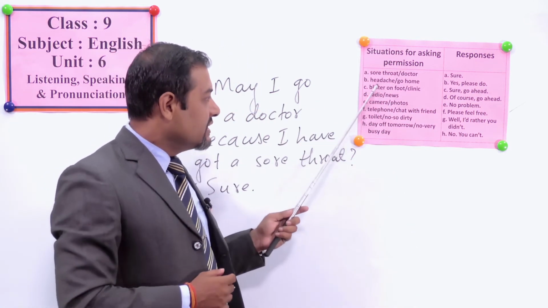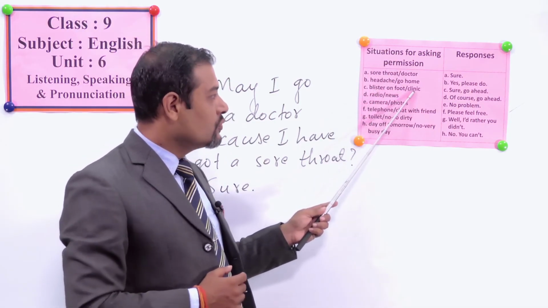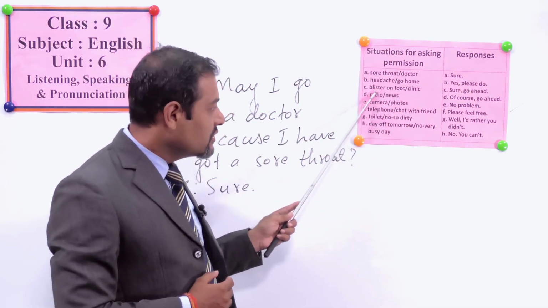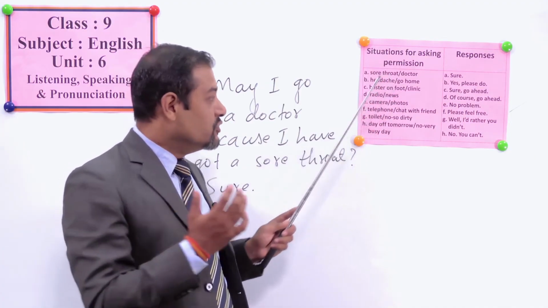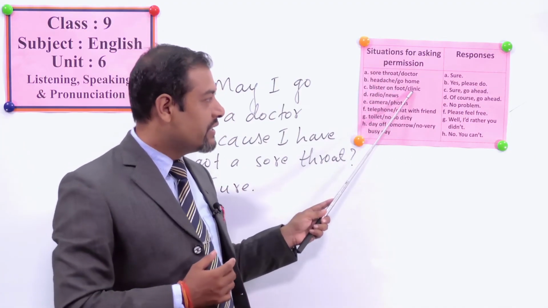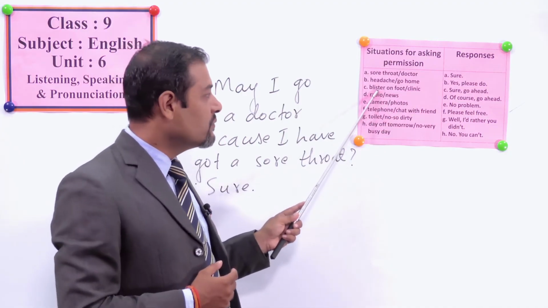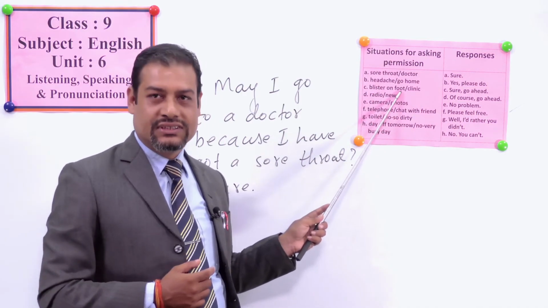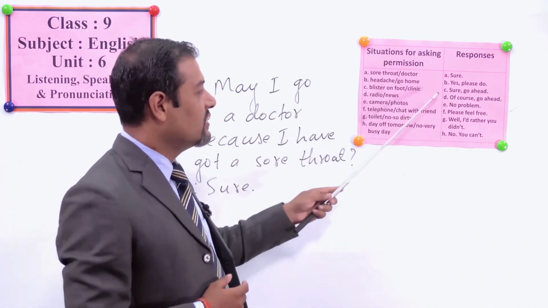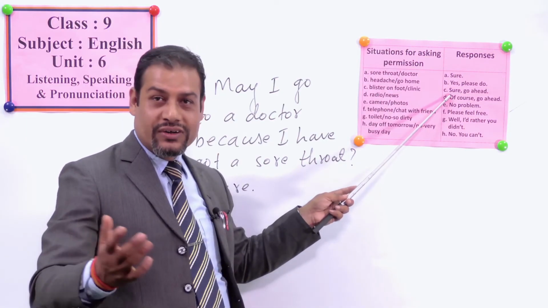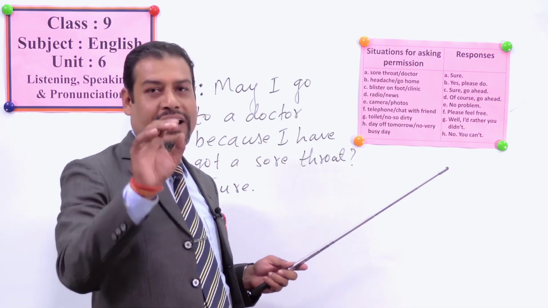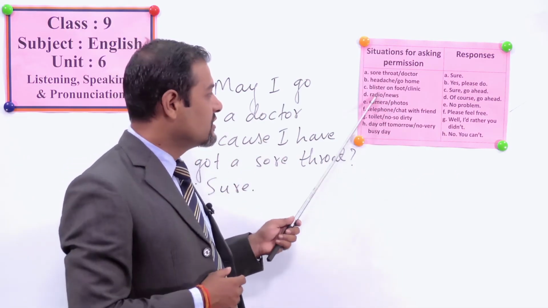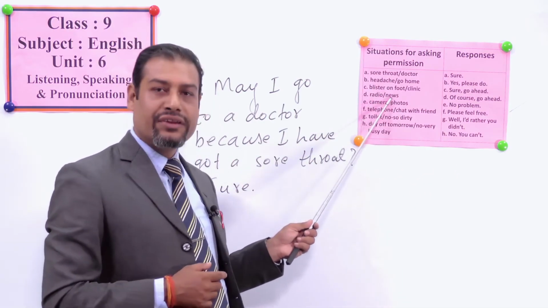You can say, do you mind if I go to the clinic because I have got a blister on my foot? And what can be the response? Sure, go ahead.